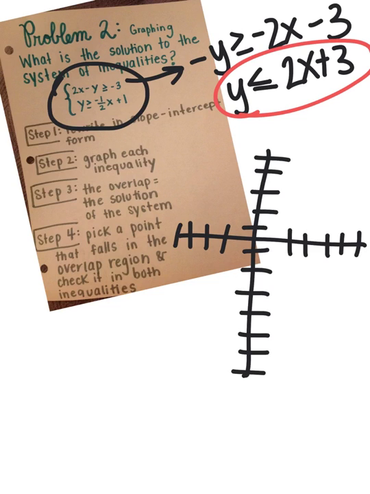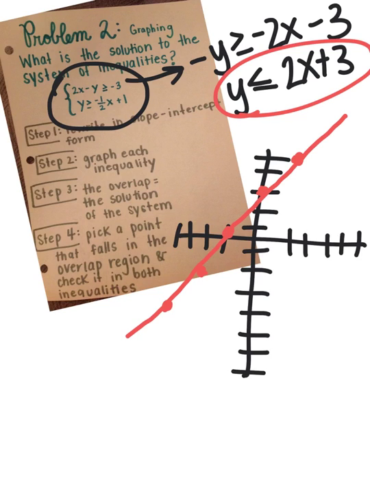I see that my y-intercept is 3 and my slope is 2. So I'm going to go up 2 over 1, and I'll work backwards this way. Because it's less than or equal to, I'll have a solid line.